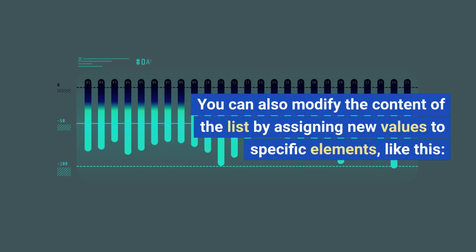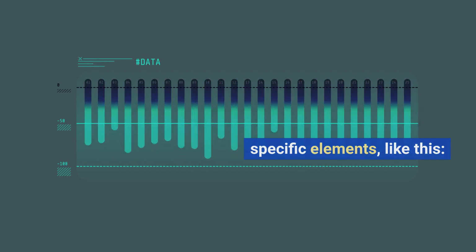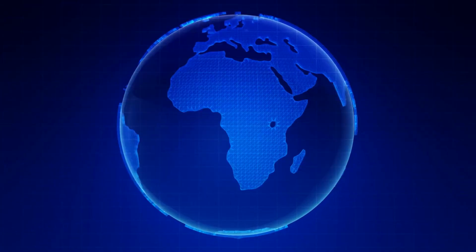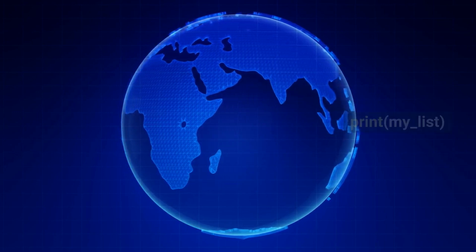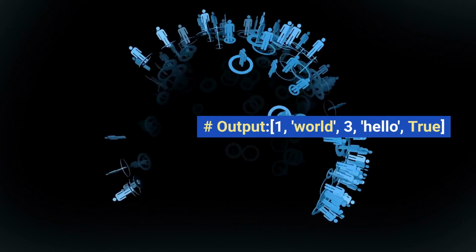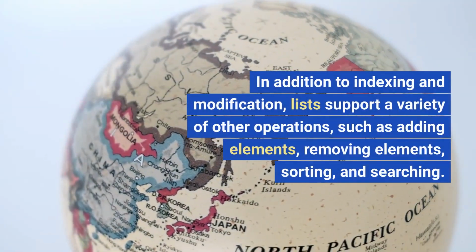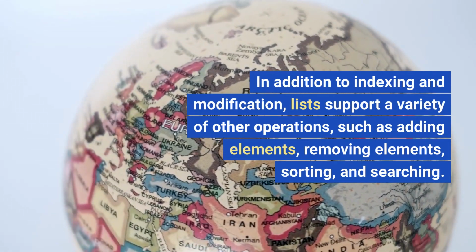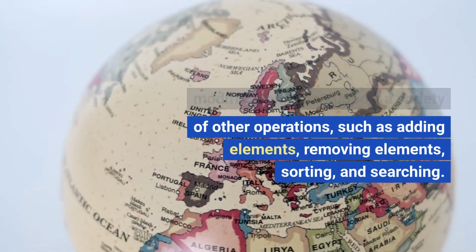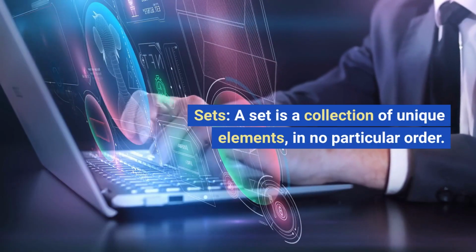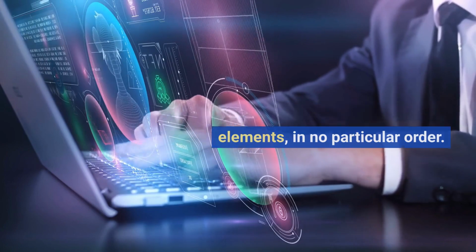You can also modify the content of the list by assigning new values to specific elements, like this. my_list[1] = 'world'. print(my_list) # output: [1, 'world', 3, 'hello', True]. In addition to indexing and modification, lists support a variety of other operations, such as adding elements, removing elements, sorting, and searching.